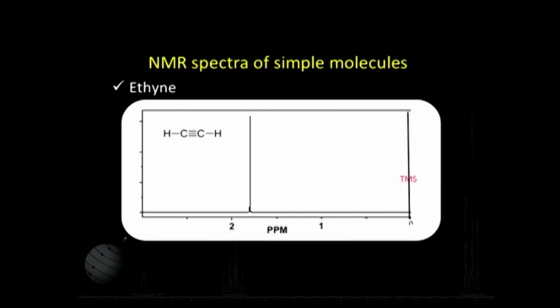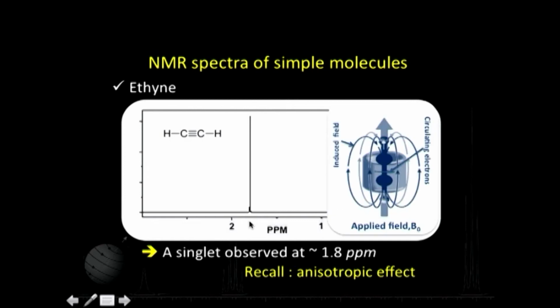Let us go further and look at the spectrum of ethyne, that is acetylene. In case of acetylene, again there is one signal because it is a symmetric molecule, and it comes around 1.8 ppm. This effect again we explained in terms of an anisotropic effect, wherein the molecule of acetylene aligns with the applied field and generates a magnetic field which opposes the field at the protons. As a consequence they come at a position of about 1.8 ppm.